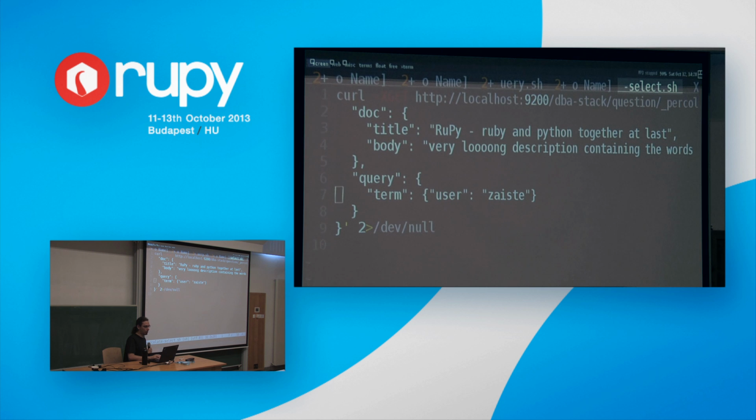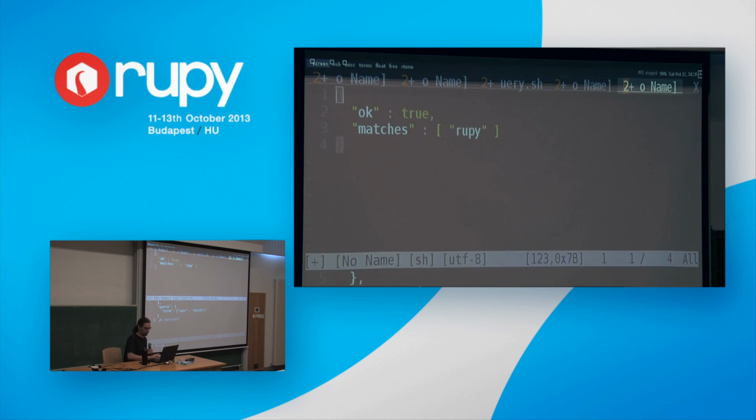The metadata is there also so that we can filter and only run the document against some of the queries that we have stored. For example, here let's run only the queries that were stored by the user Zeiste. So still the Ruby is there. It's a very powerful feature if you have any sort of alerting system, or for example, if you do dynamic categorization.